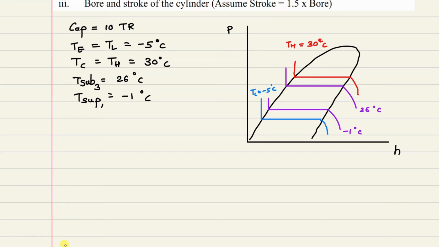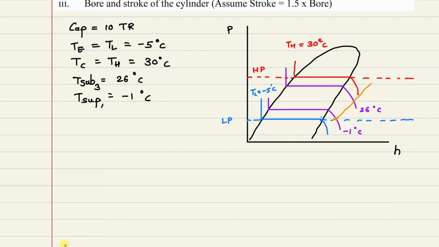Now we will show point 1. You have to draw HP and LP first. So suppose this is high pressure and the bottom line will be low pressure. Now this curve of minus 1, that is the superheated temperature, intersects over here, so this will be point 1.